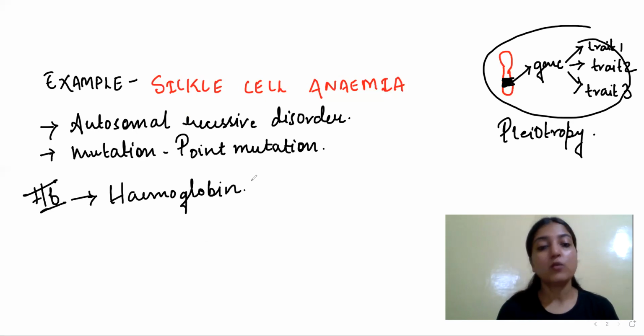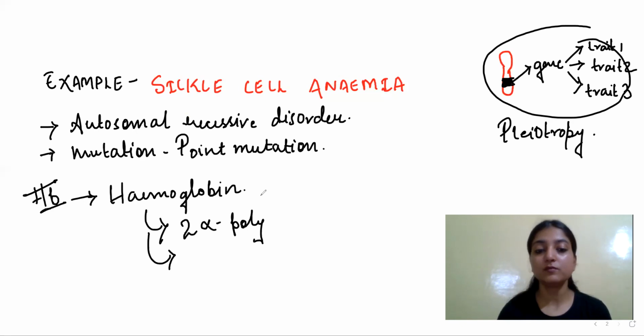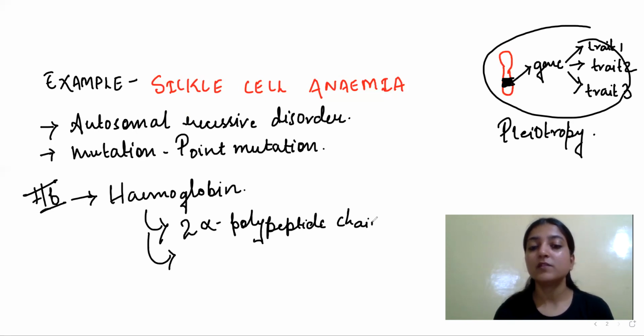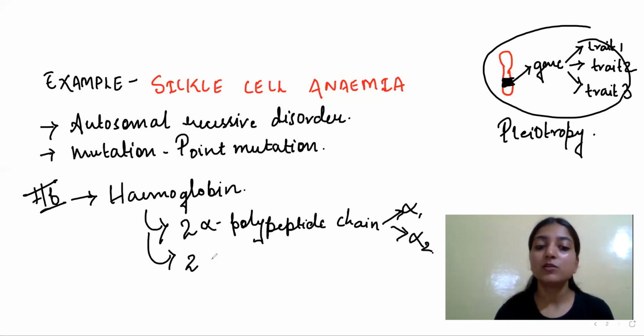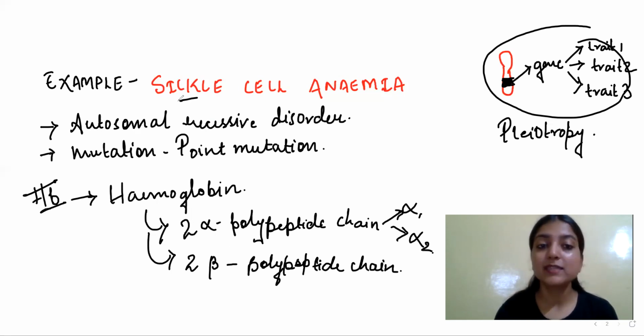So what happens here in hemoglobin? There are two structures present: two alpha polypeptide chains, which are numbered alpha 1 and alpha 2, and two beta polypeptide chains. Now, in the case of sickle cell anemia, in the hemoglobin, one of the beta polypeptide chains is affected or is showing the point mutation.